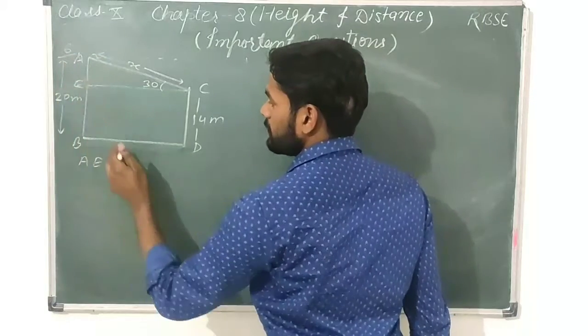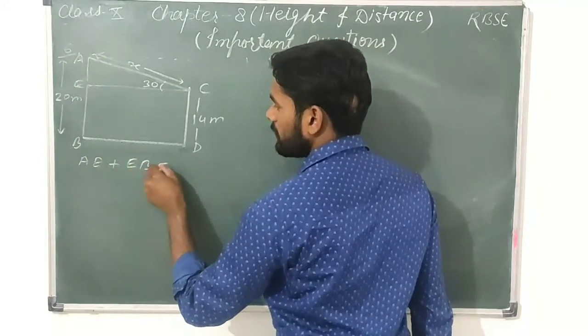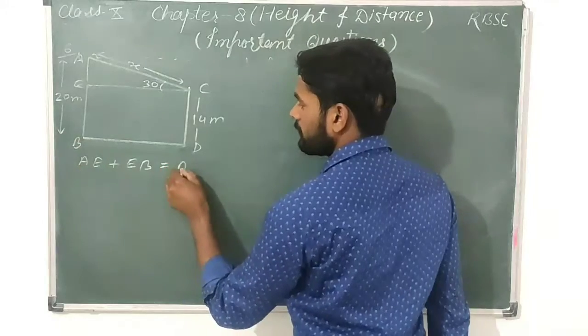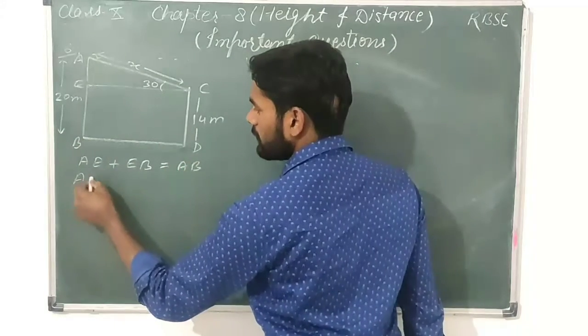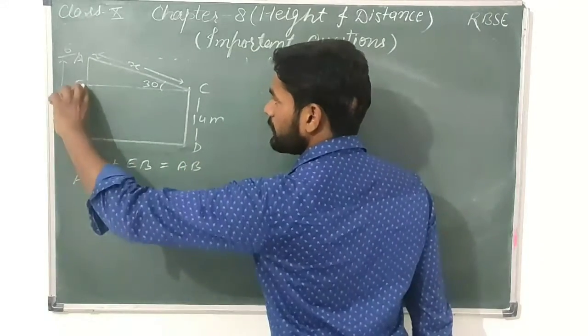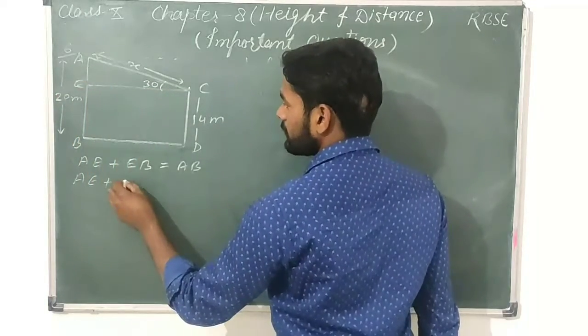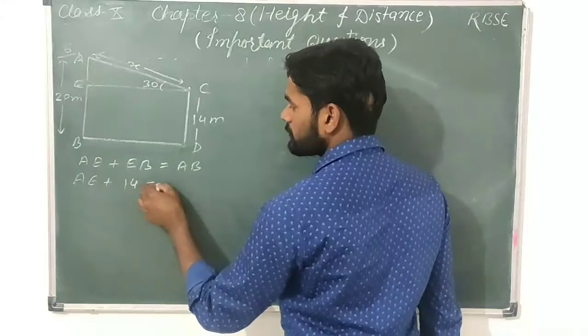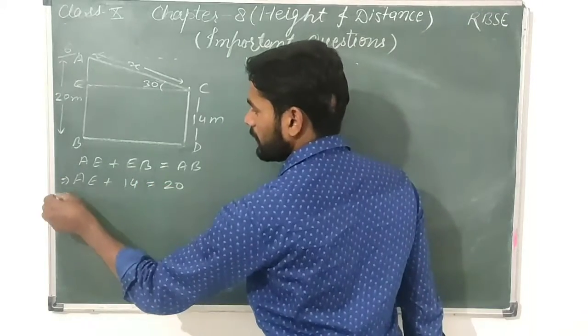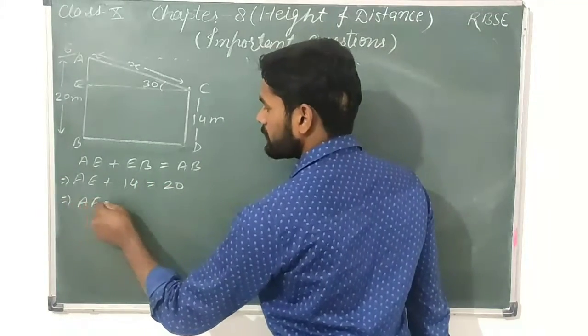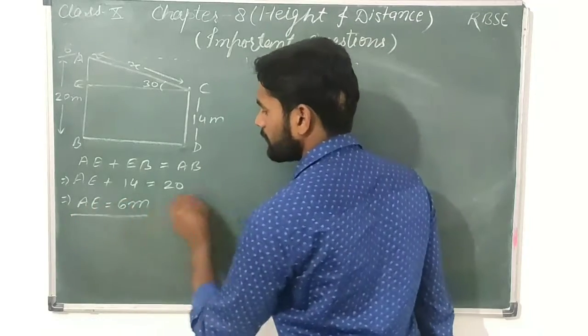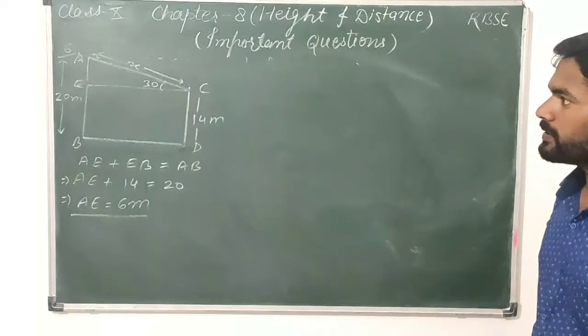AE plus EB is equal to AB. EB is equal to CD because both are parallel. It is a rectangle. 14 is equal to 20, then AE is equal to 6 meters. AE is equal to 6 meters.